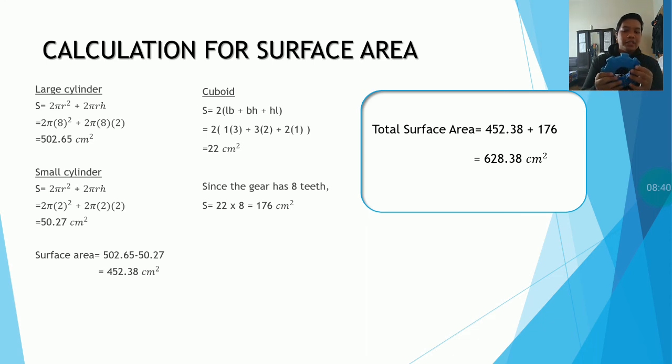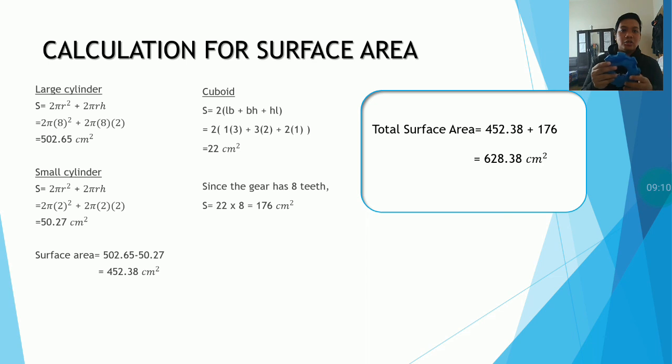I put all the information for my length, width and height into the equation, and I get that one tooth of the gear has a surface area of 22 cm square. Since the gear has 8 teeth, I multiply by 8 and get 176 cm square.